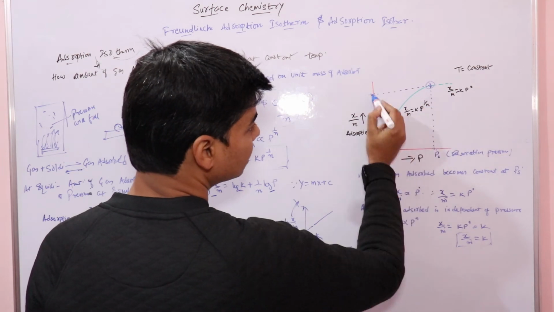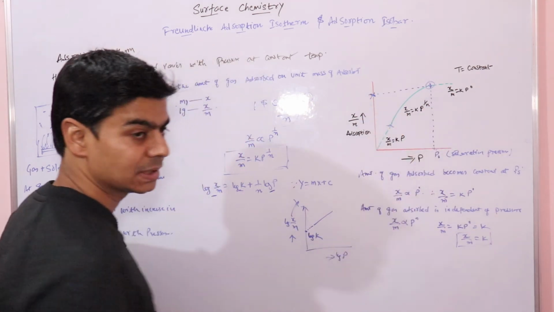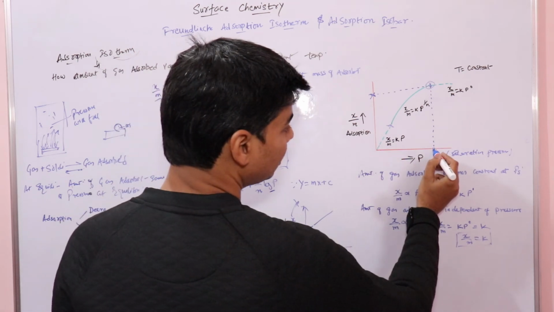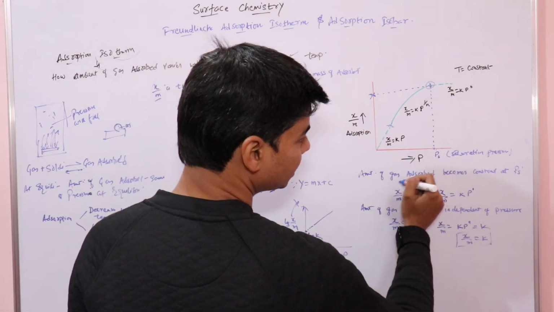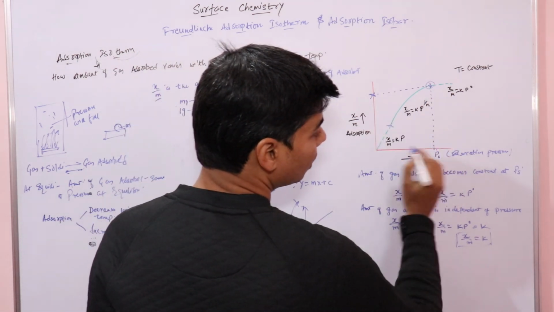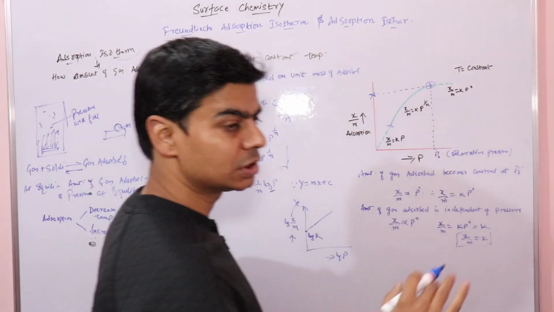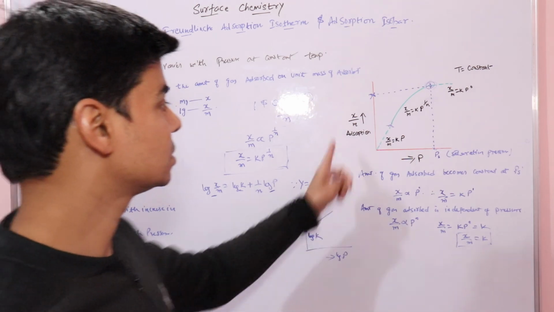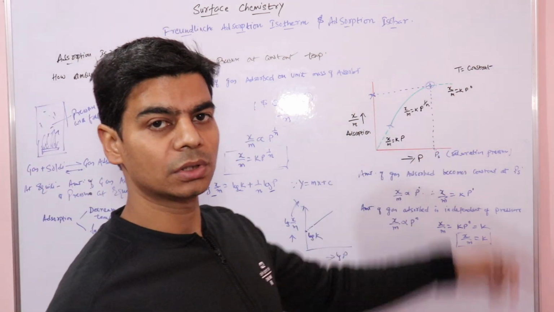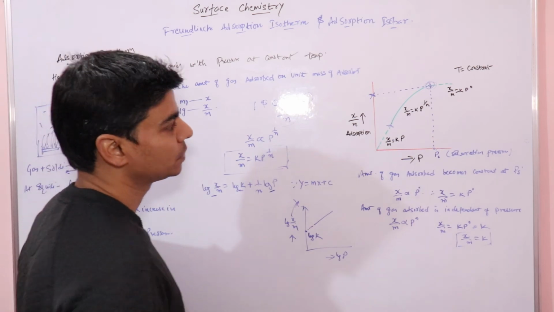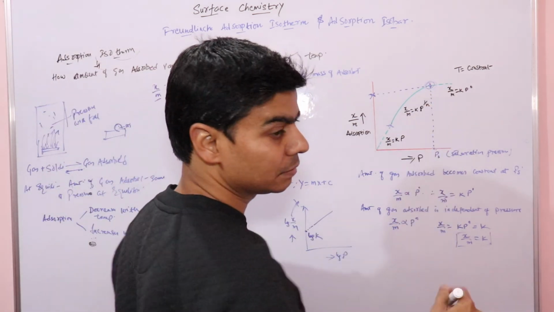This is the maximum amount of gas that gets adsorbed. This is known as saturation pressure, and no matter how much you increase the pressure, the amount of gas will remain constant.